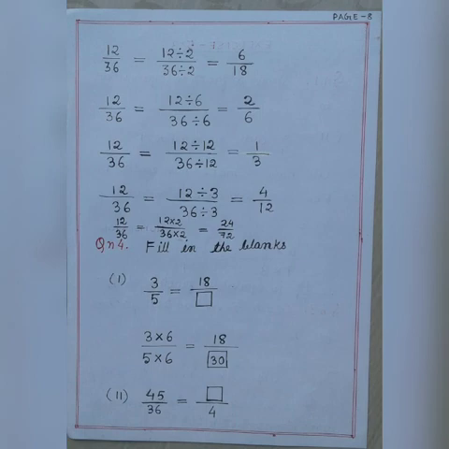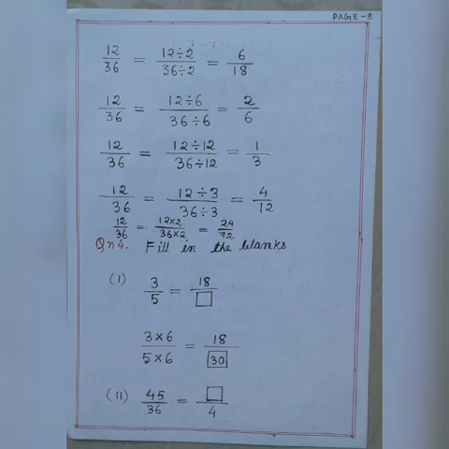Then I divide 12 by 36 by 3, I get 4 by 12. Then next I have multiplied 12 by 36 by 2, I get 24 by 72. So in that way, I have got the 5 equivalent fractions of 12 by 36.